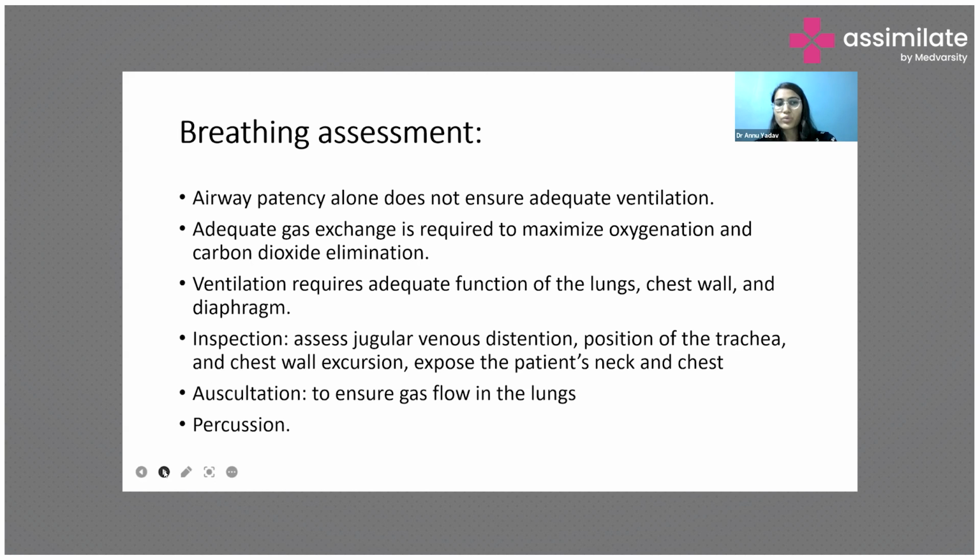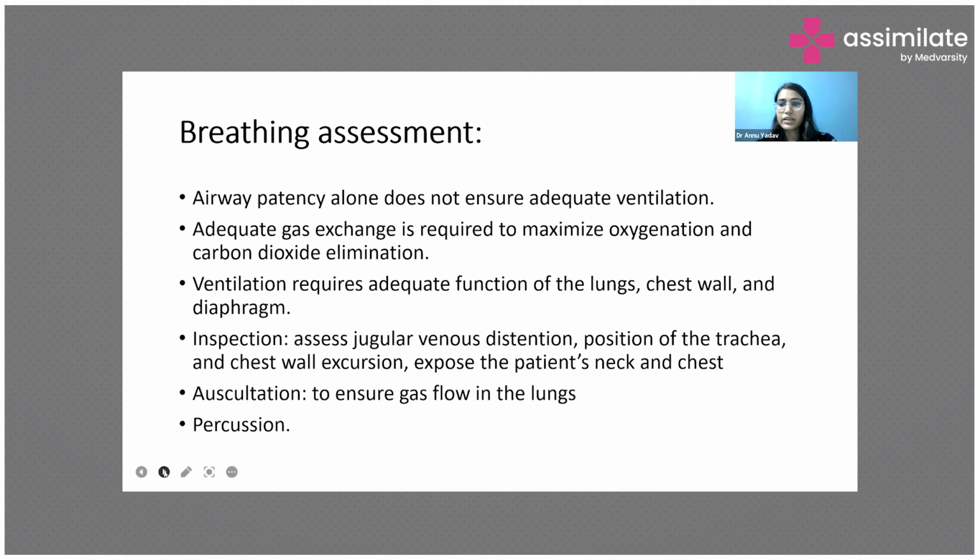Ventilation requires adequate function of the lungs, chest wall and diaphragm. If there is any injury to the lung or chest wall, any rib fractures, flail chest, or diaphragm injury, that will definitely hamper your ventilation.